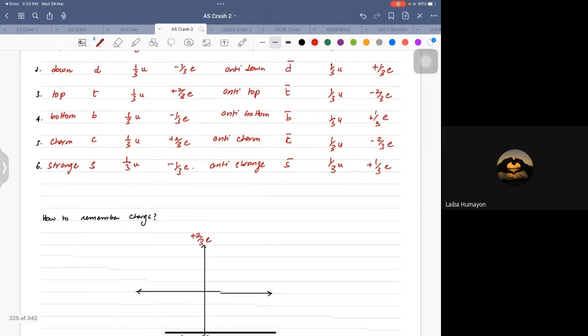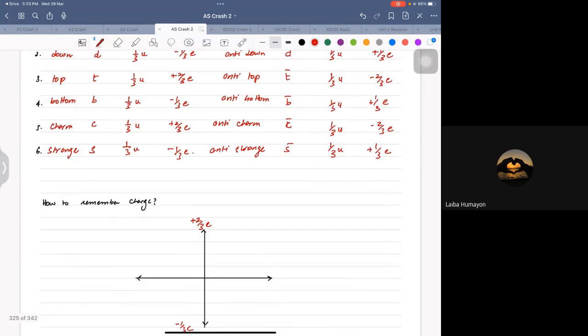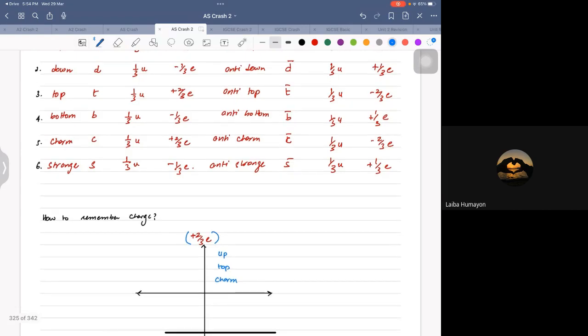Now, within these names, we're going to use some English here. Up, top, and charm are all positive sounding words. Because they're positive sounding words, I will remember they have this charge. And if there's an antiparticle, I'll just put a minus sign. Is it clear?